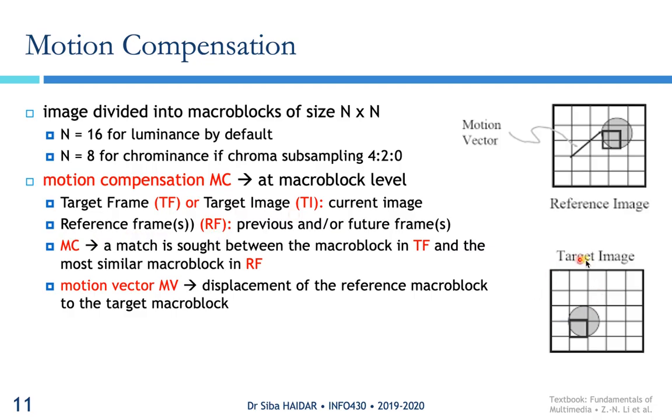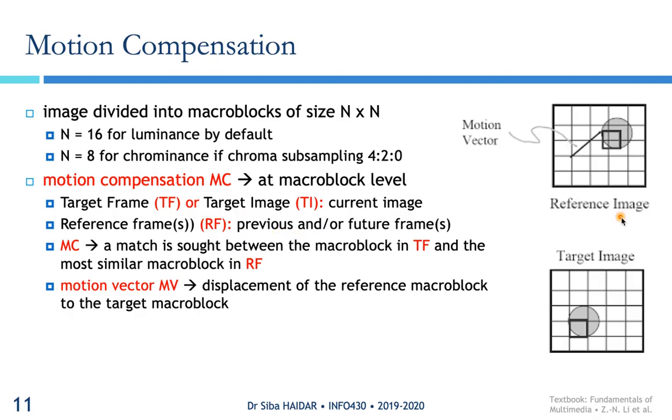I have a target image that I am currently coding, divided into macro blocks, and for each macro block I will search where this macro block was in the reference frame. The target frame, or target image, is the current image. The reference frame, and we can have more than one reference frame, as we will see later in this chapter, is the previous or the future frame.